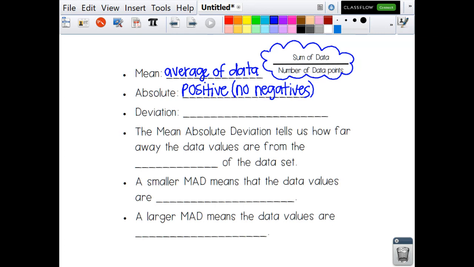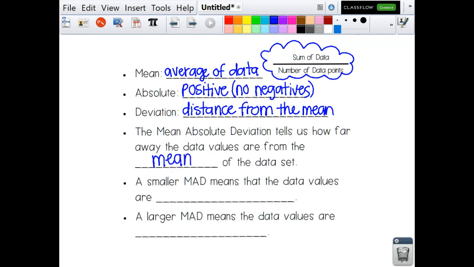Deviation means distance from the mean. So the mean absolute deviation tells us how far away the data values are from the mean of the data set.